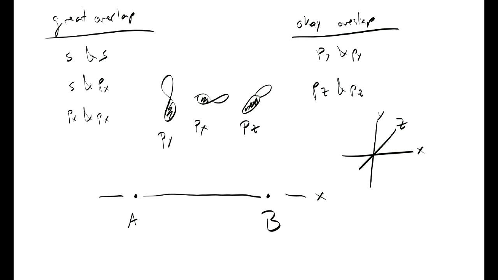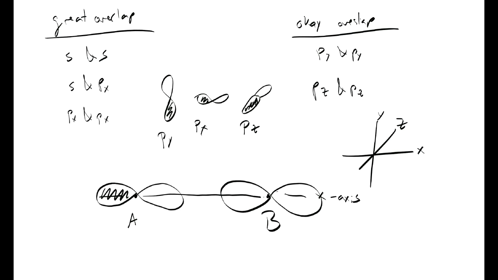Okay, and this is the x-axis. Okay, so you have a px orbital here, and you have a px orbital here. You see, hopefully, that when you bring these two closer together, you're going to get a heck of a lot of overlap. So this is px and px.